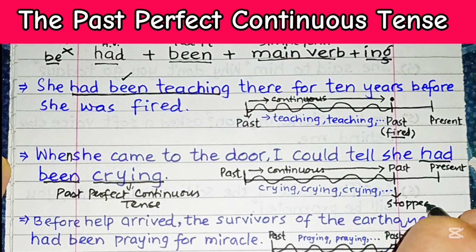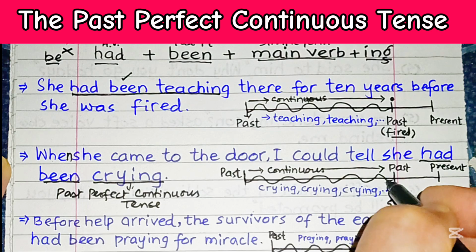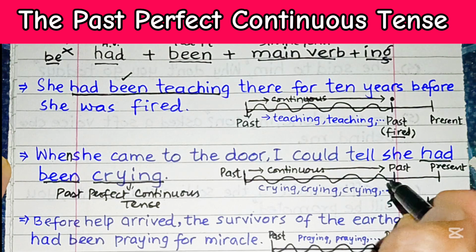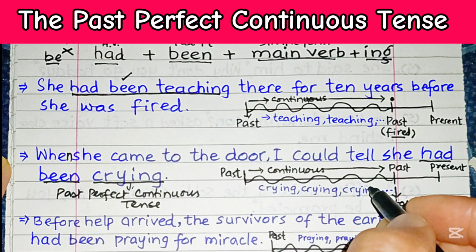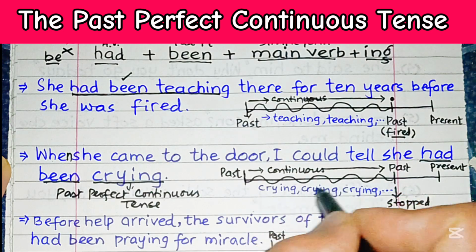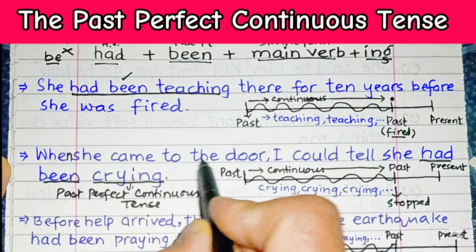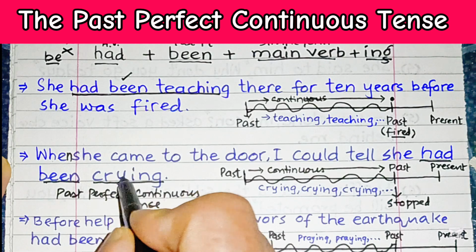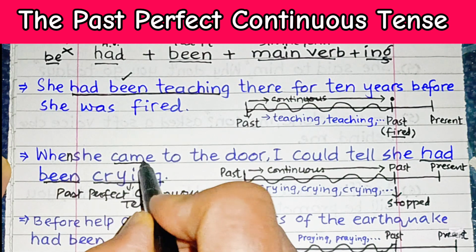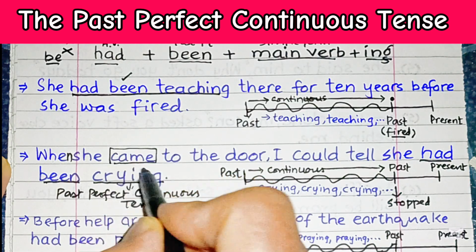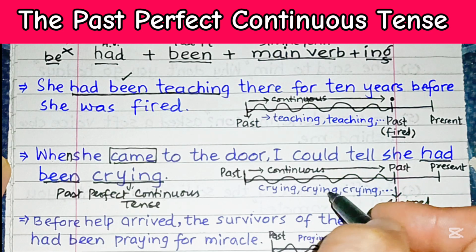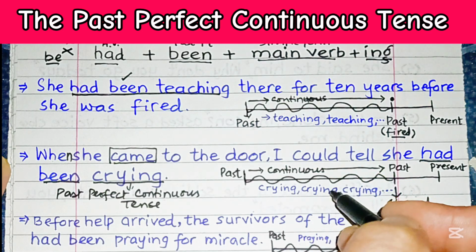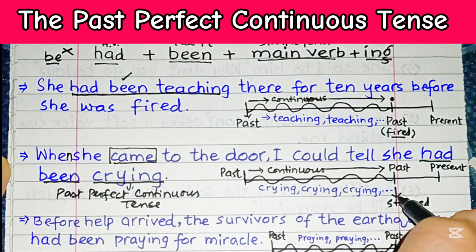This is the point in the past when she stopped crying and then came to the door. When she came to the door, after this activity of crying, she answered the door, but at this point she was no longer crying.